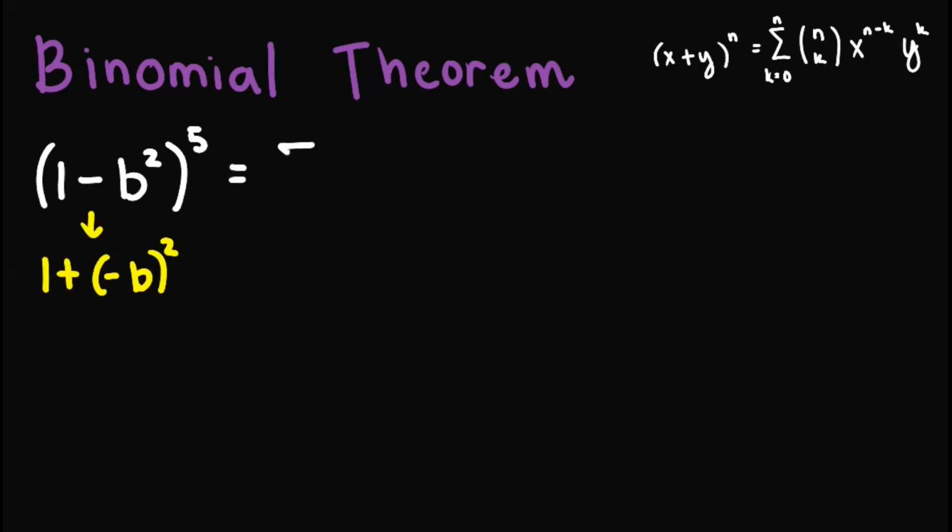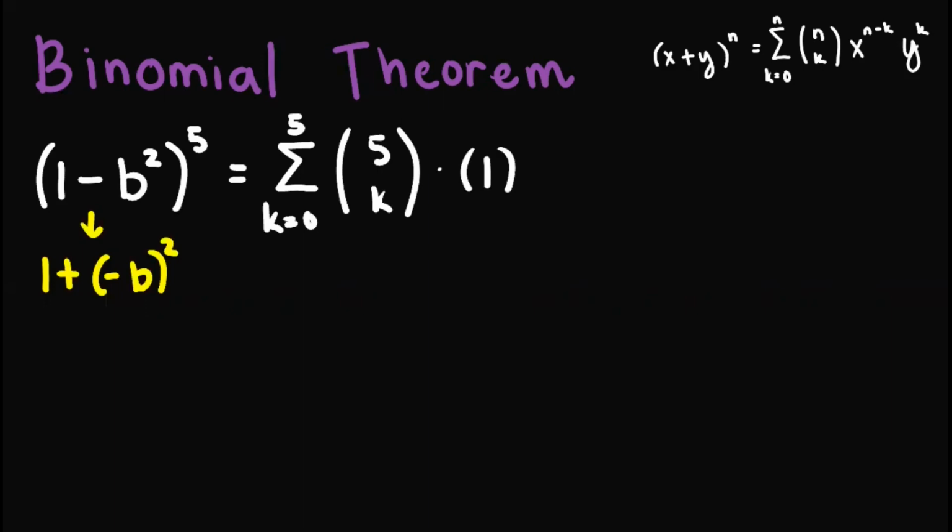So we'll have the summation from k equals 0 to this time 5 is 5 choose k times 1 raised to 5 minus k times negative b.